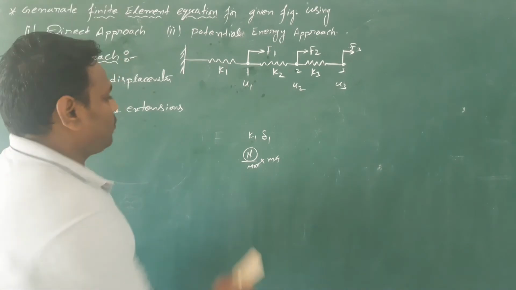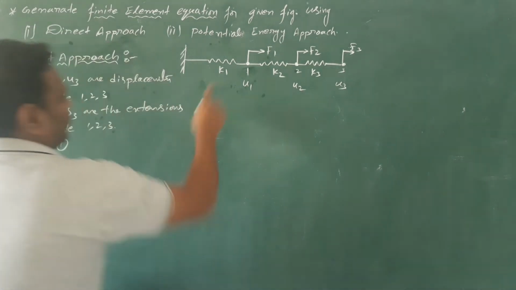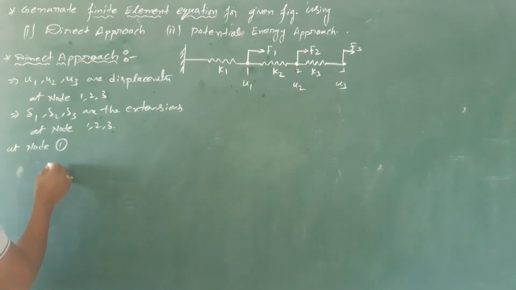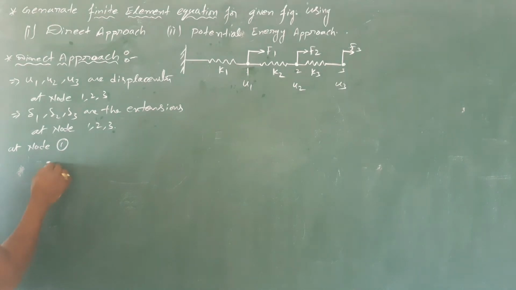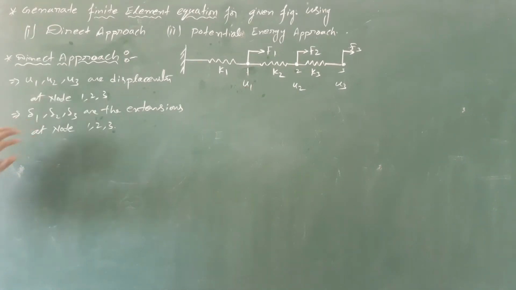Now at node 1 the spring force is minus K1 delta 1. Here we should write the relation between U and delta.